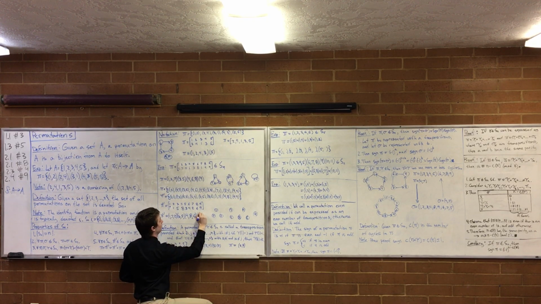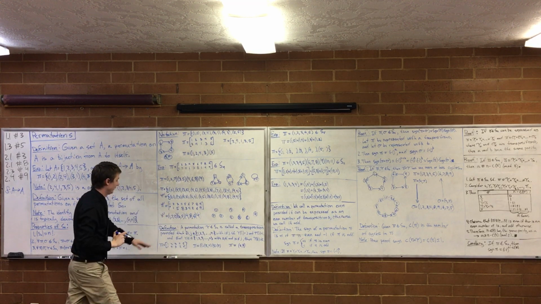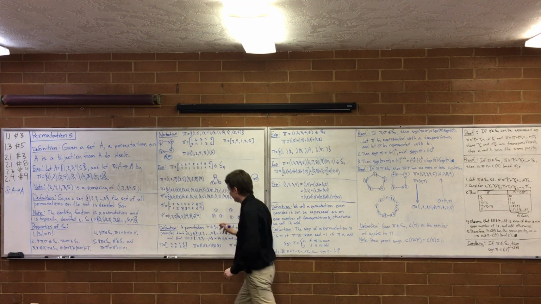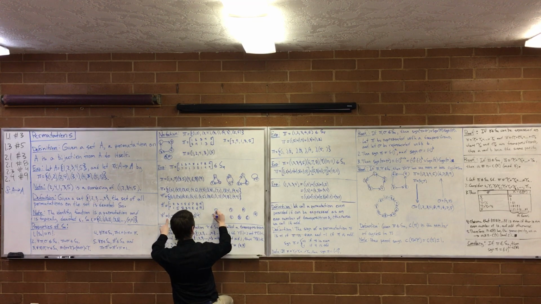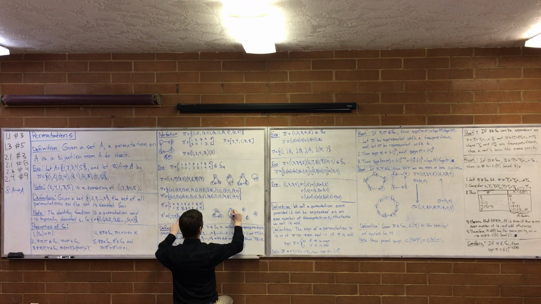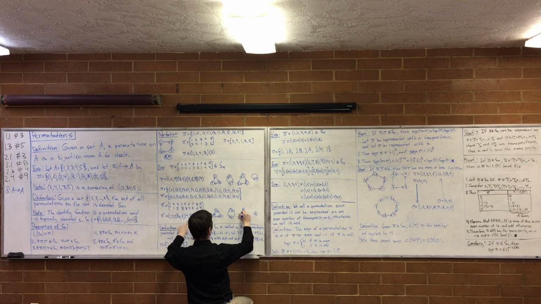And then 9. Okay, and then let's write our graphic real quick. Now we have 1 goes to 7, 7 goes to 2, 2 goes to 1, 3 goes to 5, 5 goes to 3, 4 goes to 8, 8 goes to 6, 6 goes to 4, and 9 goes to 9.